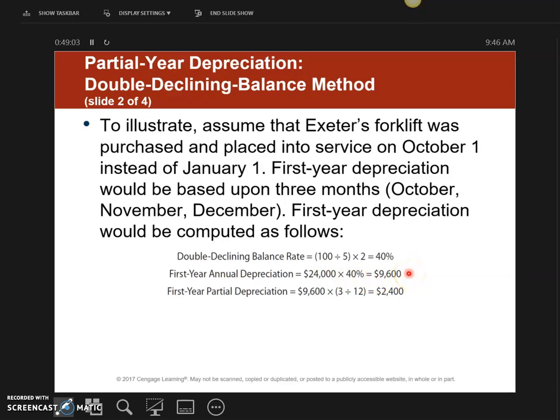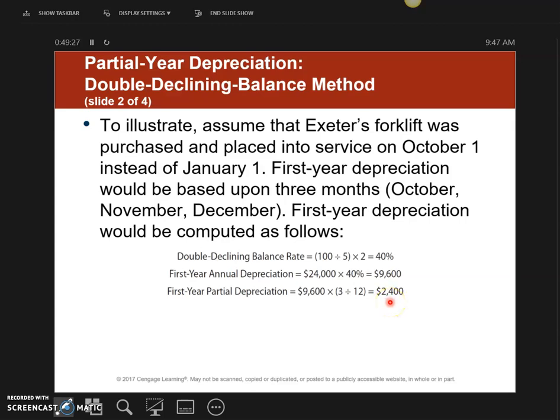So $9,600 is for the whole first year. But I only had it in operation for 3 months. So I'm going to take 9,600 times 3 months divided by 12, and year 1 would only be 2,400. So this is year 1 depreciation, 2,400.